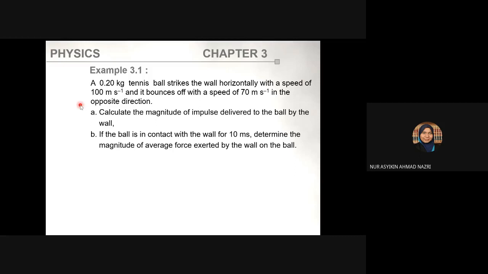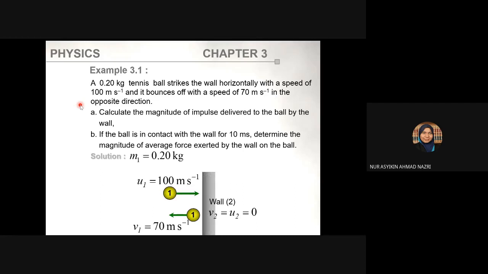A 0.2 kilogram tennis ball strikes the wall horizontally with a speed of 100 meter per second and bounces off with a speed of 70 meter per second in the opposite direction. Calculate the magnitude of impulse delivered to the ball by the wall. So again, what is impulse?